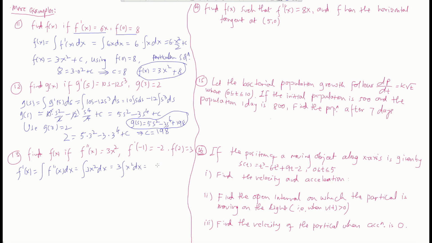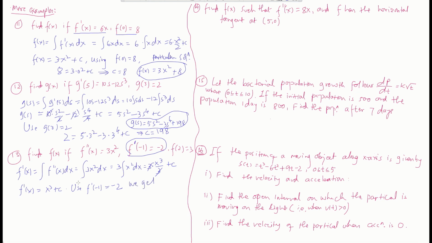So how much is that? 3 times x to the 2 plus 1, which is x cubed over 3, plus c. You cancel that, so what you get is f prime of x equals x cubed plus c. But what is given here is f prime at -1. F prime at -1 is -2. So you use that.